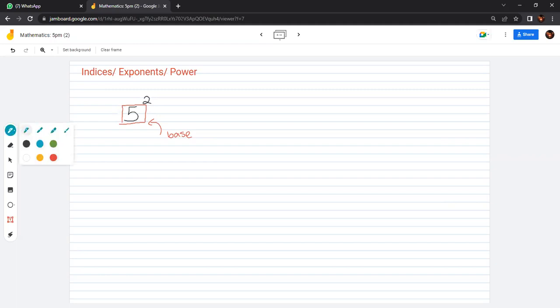This number up here, they call that the power or the exponent or the index. Index is the singular of indices.